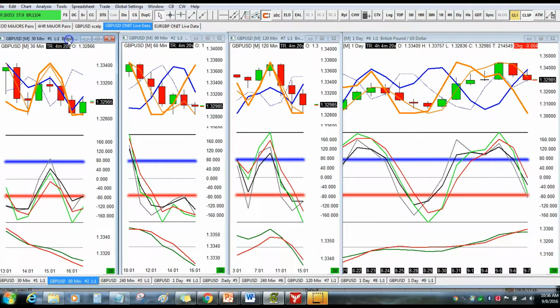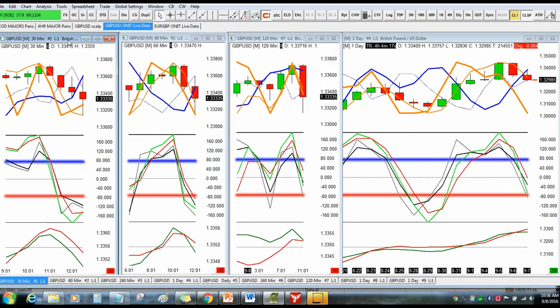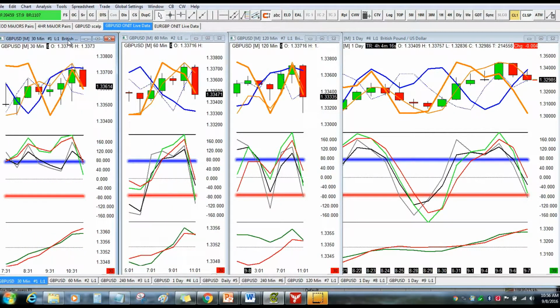No questions asked. In fact, if I rewind back early this morning, I want to just highlight this confirmation in our 1 hour and 2 hour charts where we had a convergence or an agreement with our majors and minors, with our indicators, just there with a reassurance that we definitely have some selling going on in the market. Okay?